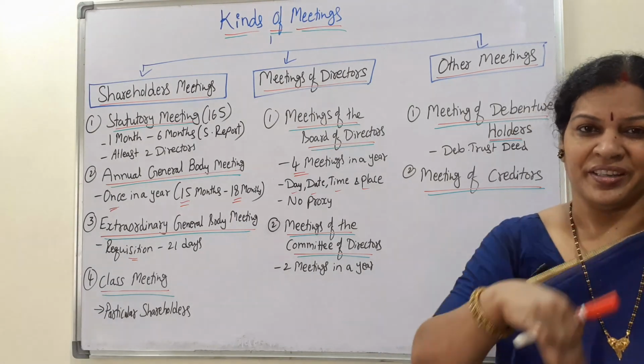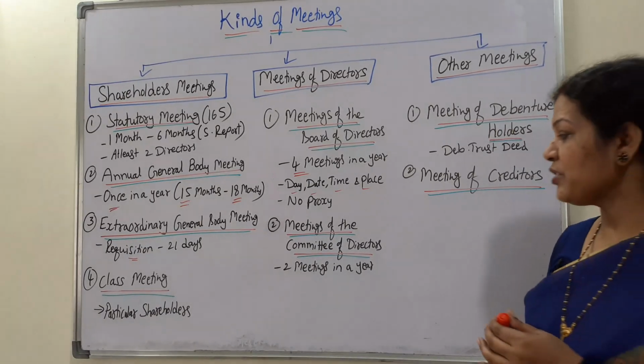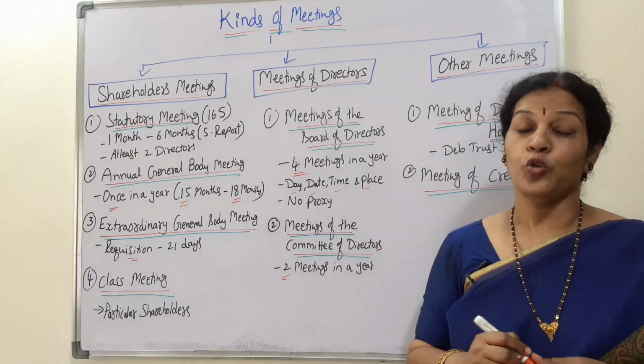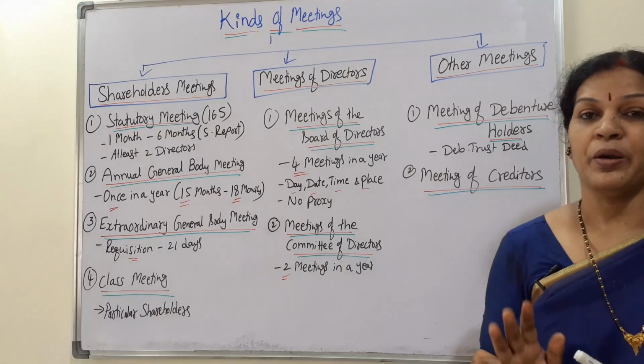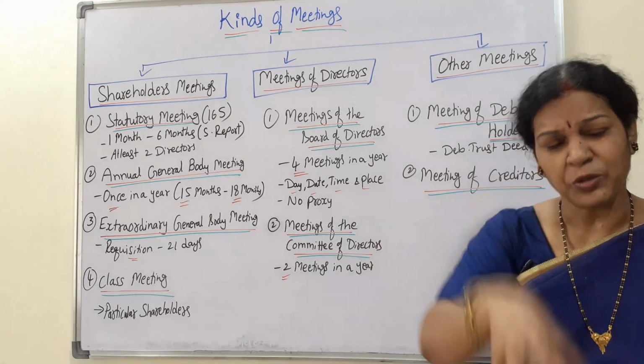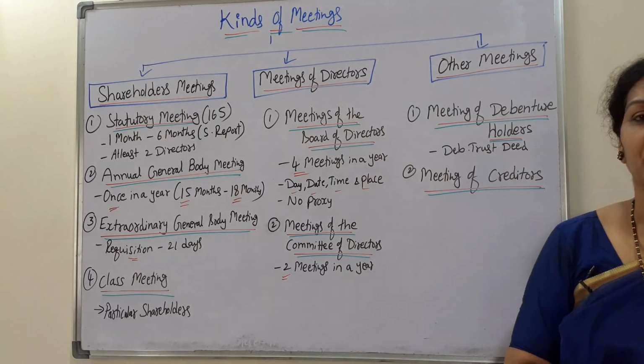Now that committee meeting has to be conducted at least 2 times in a year, which means every 6 months. Whatever the committee may be, they will discuss only matters related to the committee activities. So this is about meetings of the directors.